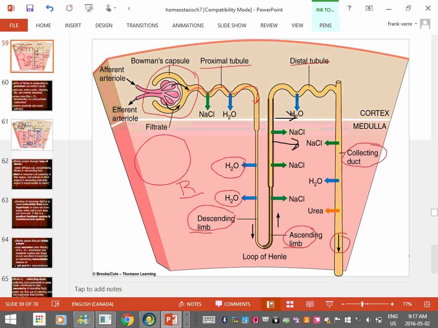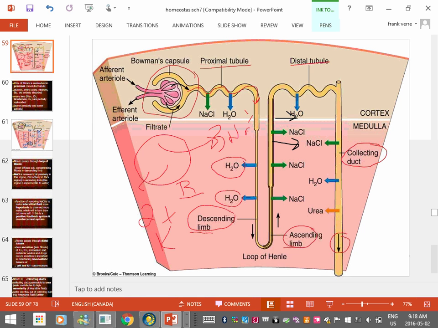It basically moves 3 sodium ions one way, and it moves 2 potassium ions the other way.